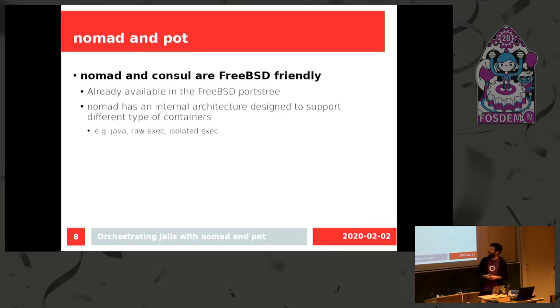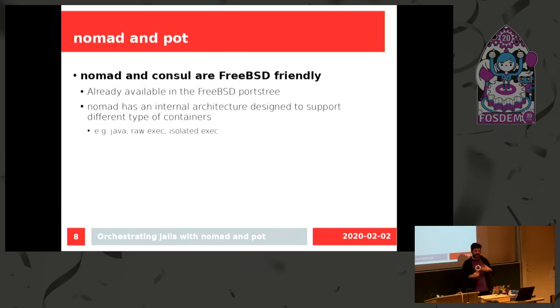So why did we choose Nomad to try to implement this service mesh? Nomad and Consul are, let's say, FreeBSD friendly in the sense that they are already in the package system. So you can just install Nomad and Consul and have them up and running. Consul is the service discovery and Nomad is the orchestrator, basically.